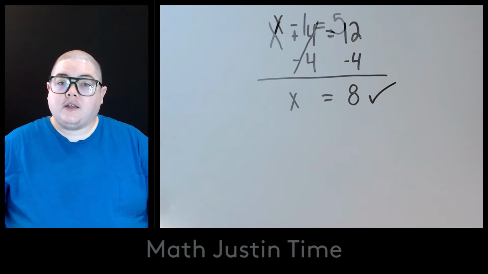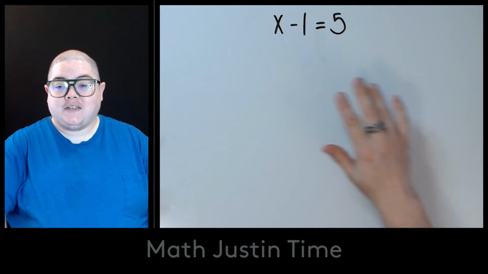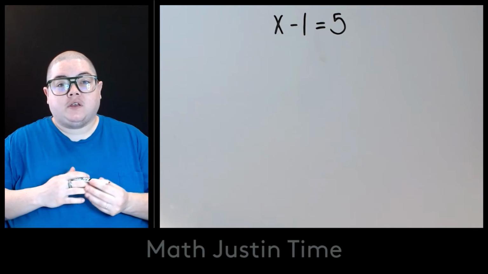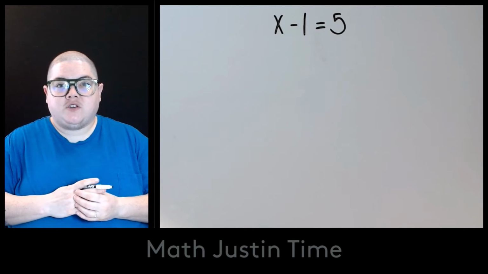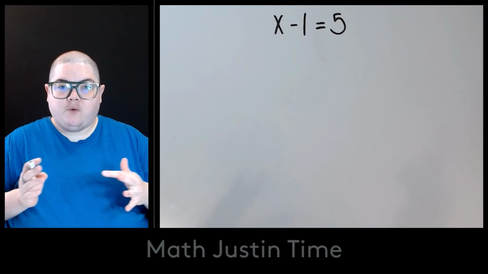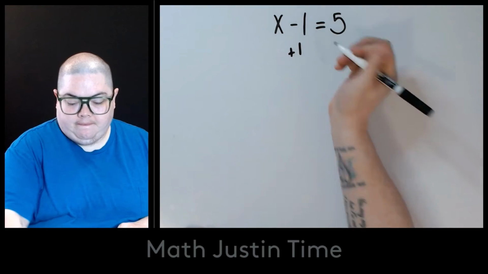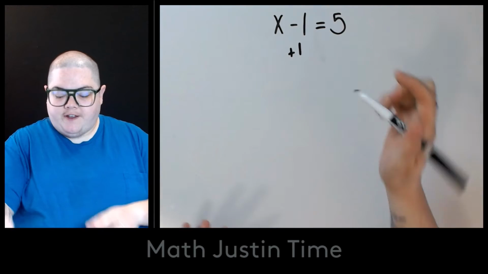Very good. Now this equation's a little bit different. We have x minus 1 is equal to 5. So if we are taking away 1 and we want to make sure that we are able to even things out, we need to do the opposite. So if we're taking away 1, we need to add 1. And remember, whatever you do to one side of the equation, you have to do to the other.